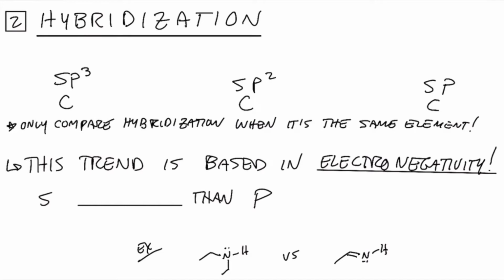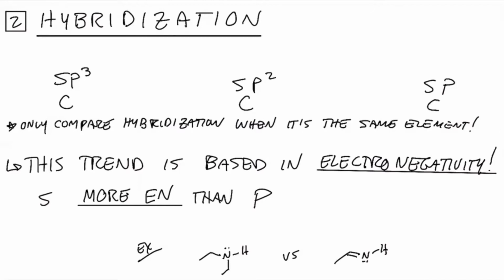S orbitals are more electronegative than p orbitals. It's kind of weird because you just think of them as empty shells that are meant to hold things, but based on the spherical structure of s, that is what makes it more electronegative than p. And you don't really need to know why that is. If you're curious, we can talk about it sometime. But suffice it to say that if something has a more s-heavy hybridization, then it's going to be a more electronegative hybridization. So what do I mean by that?